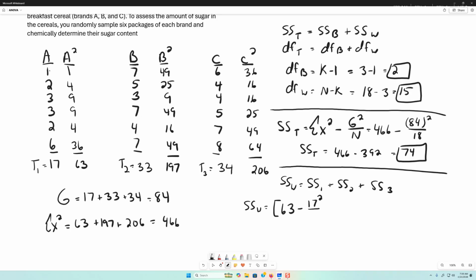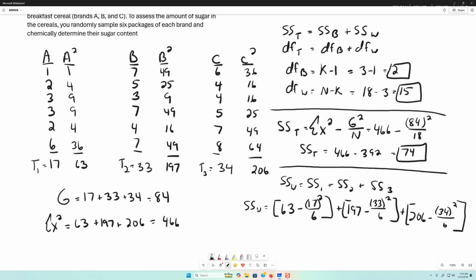Number of items in group A. 1, 2, 3, 4, 5, 6. This is 17 squared over 6. And then we're going to do group 2. It's going to be 197 minus 33 squared over 6. That's squared, by the way. And then for group 3, it's going to be 206 minus 34 squared.